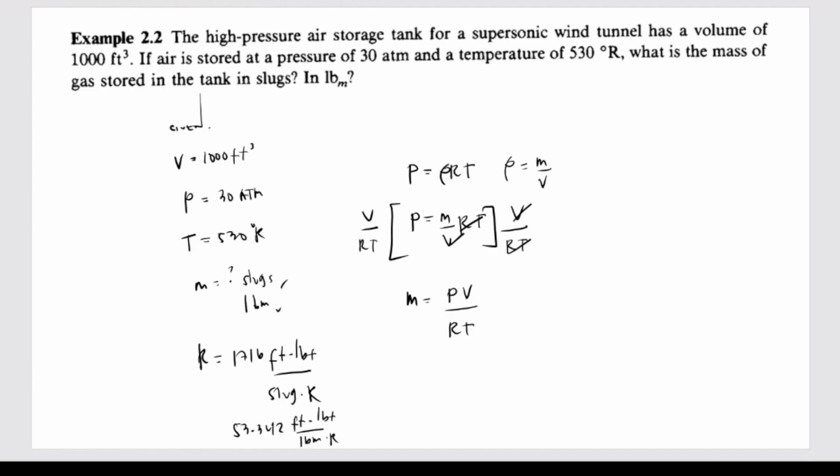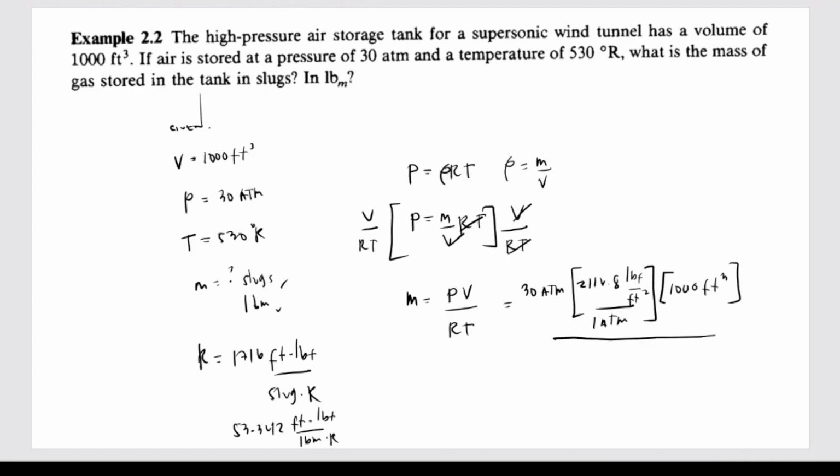So, for the slugs, so pressure, 30 atm, multiply by 2116.8 pound force per feet squared over 1 atm. And then, volume of 1,000 feet cube over R. So, una, slugs, pwede natin gamitin ang 1716 foot-pound force per slug Rankine and temperature of 530 Rankine.